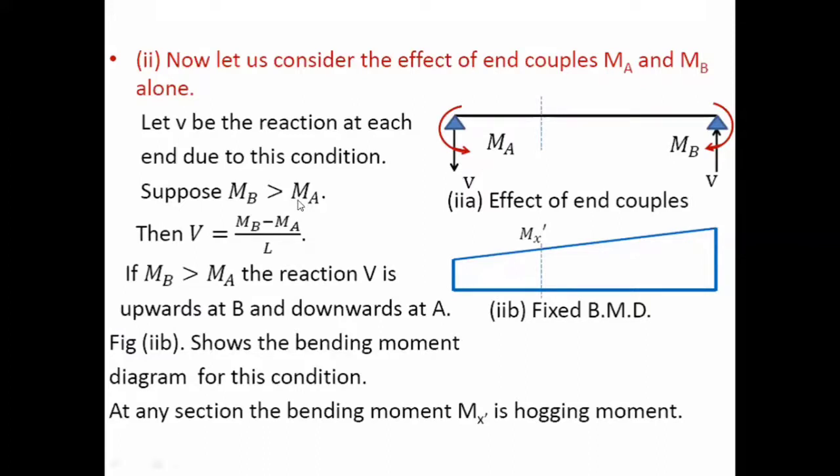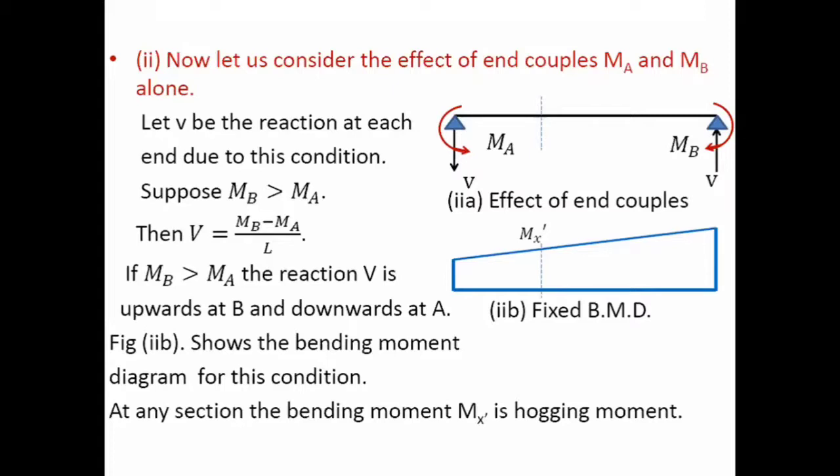And that vertical reaction is (MB minus MA) upon L. But there is one condition again. What is that condition? MB is greater than MA. We don't know which moment is greater and which is smaller, because the load is unknown. W1, W2 are unknown. So we cannot say both moments are the same. Which are these moments? These are fixed end moments. Please remember.